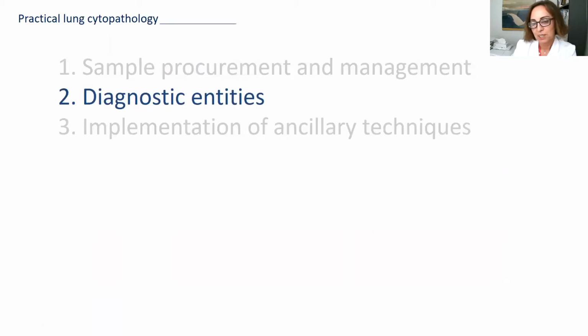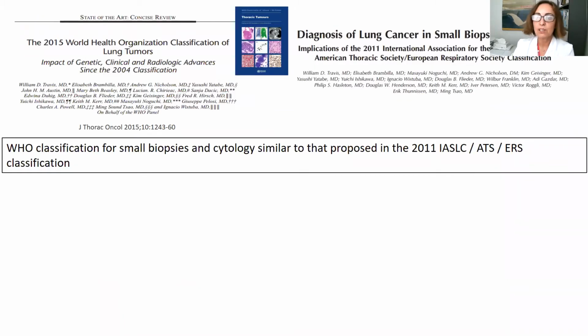And let's go to the second part of my talk, the diagnostic entities. The WHO classification for small biopsies and cytology is similar to what was proposed in 2011 by the International Association for the Study of Lung Cancer, the American Thoracic Society, and the European Respiratory Society.